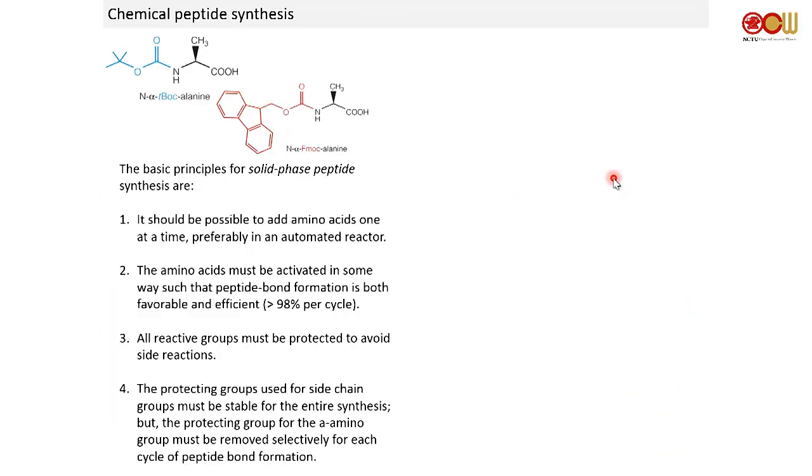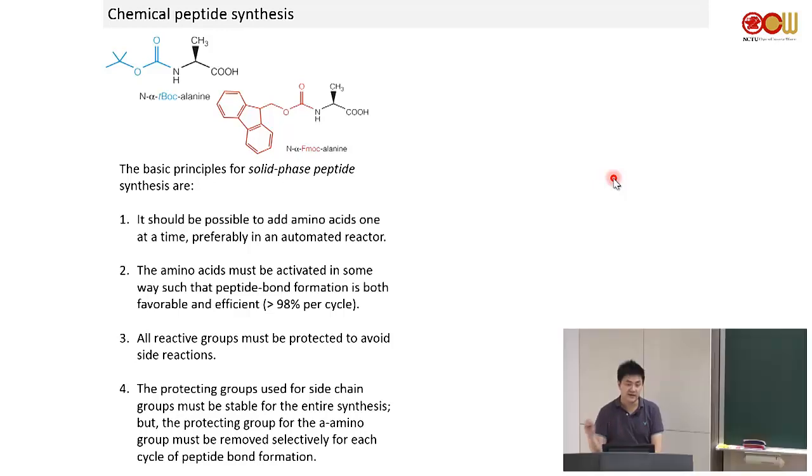The last thing that I want to talk about for this particular lecture is chemical peptide synthesis. Just like when we talked about making DNA oligonucleotides, making short DNAs for primers, sometimes you can also find uses in making small peptides. For example, a lot of small peptides are involved in cell-cell signaling, trigger for certain things.